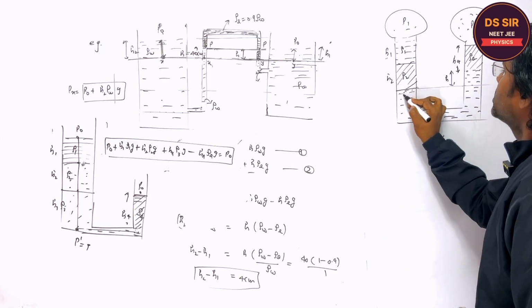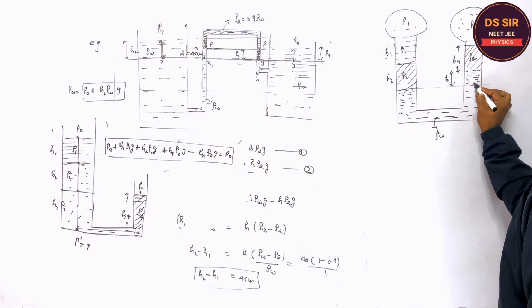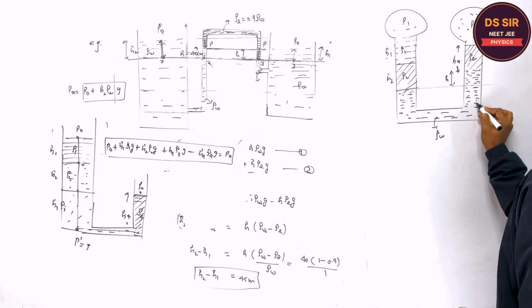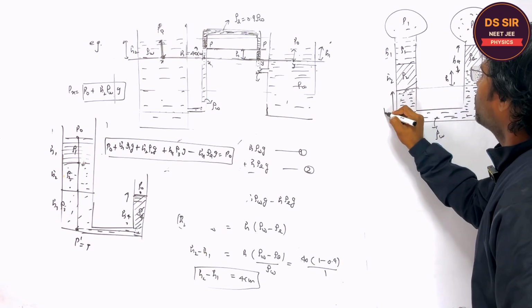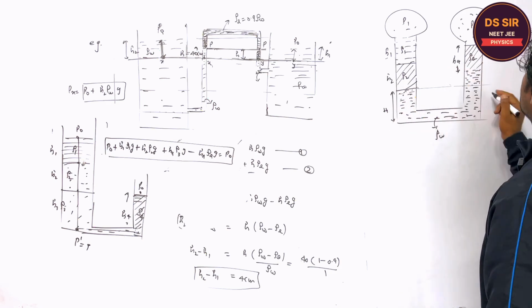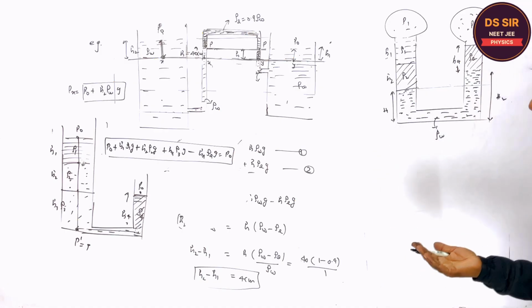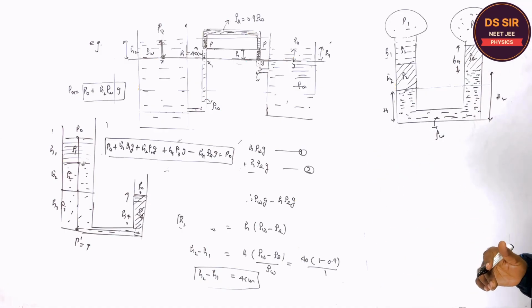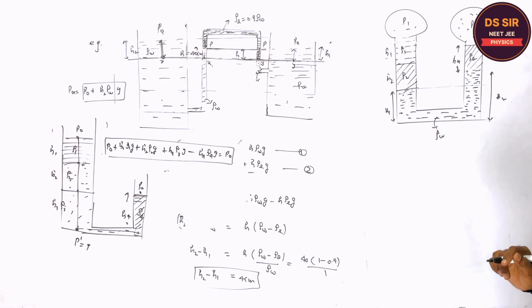Listen, this is the same liquid. Suppose this is the water, and the water is filled up to this point, right? Although you may assume this is H1, and suppose this is H2. In this way, the complications will increase. Suppose this is H1 and this is H2.